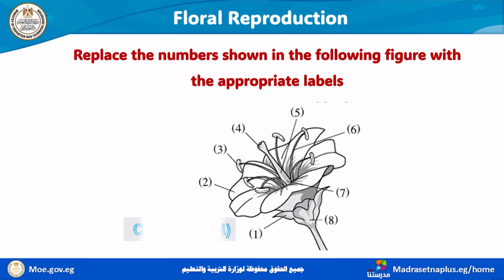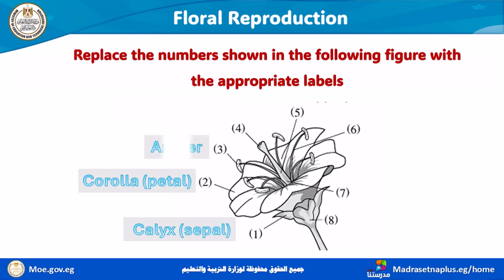Number 1 is the calyx part, and each leaf is called the sepal. Number 2. Number 2 is the corolla, in which each leaf is called the petal.